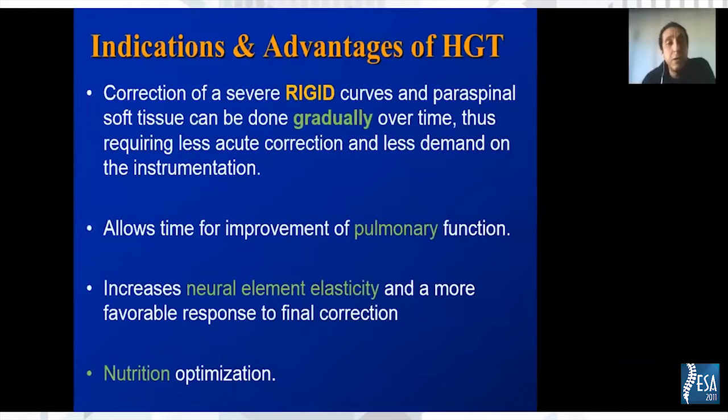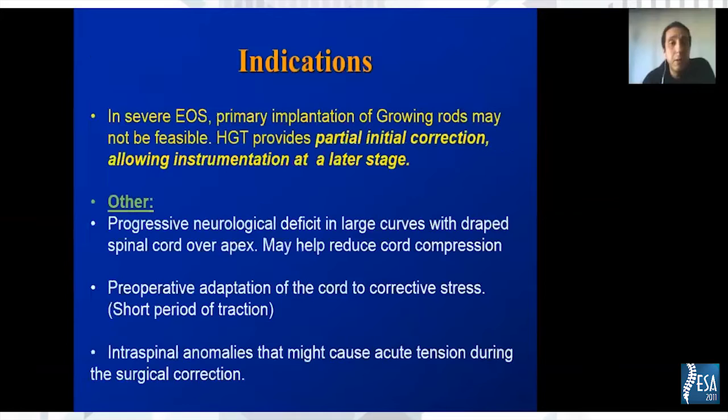So the goal is to do gradual correction of a rigid curve, and that would allow stretching of the soft tissue around. One key point also, it helps with neural element elasticity, and makes it less prone to injury during the corrective surgery.